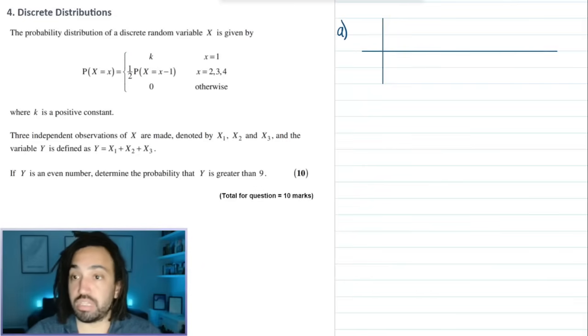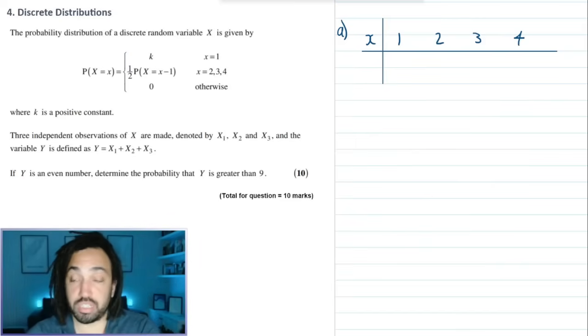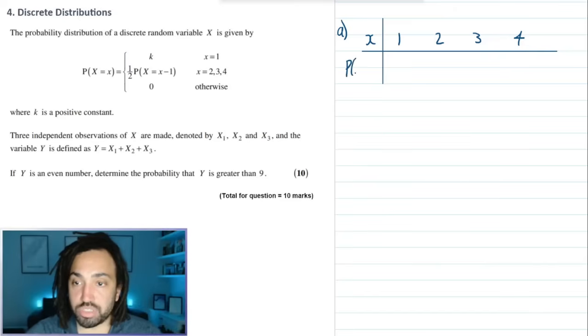So we have certain x values: 1, 2, 3, and 4. Those are the x values which are your options, and then we can work out the chance of those x values occurring. The first one is just k.